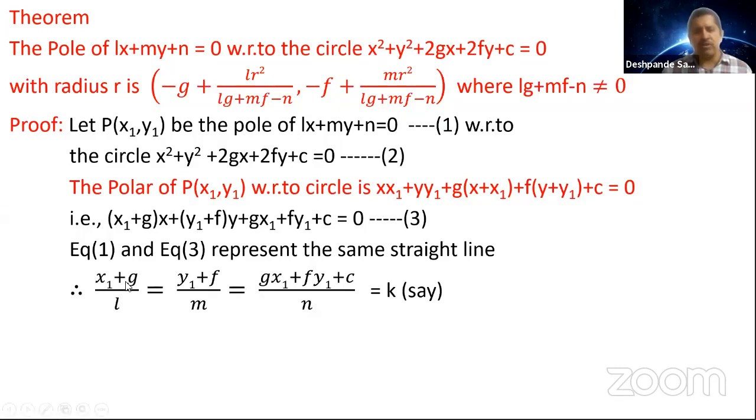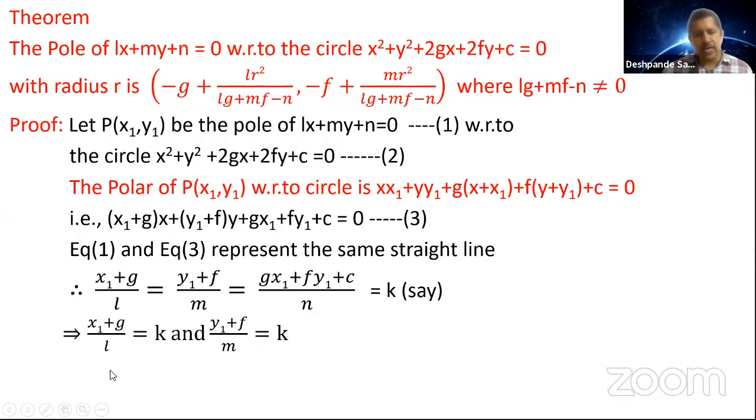So you need to find the values of x1 and y1 from this. First take the first two: (x1 + g)/l = k and (y1 + f)/m = k.